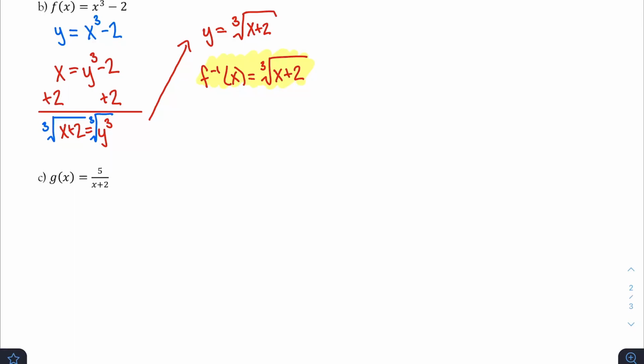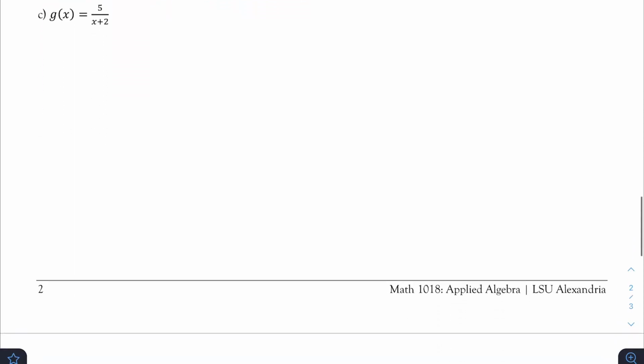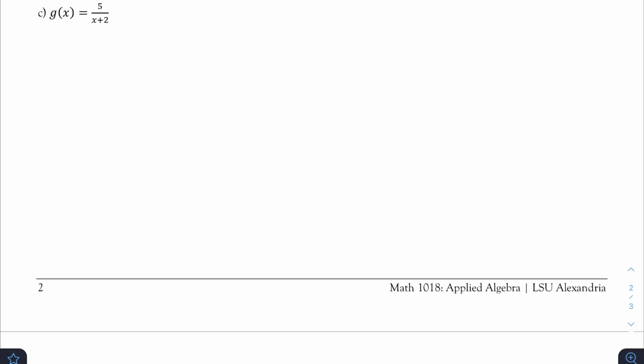Last question for this video. Same instructions, find the inverse for g of x is equal to 5 over x plus 2. If I simply follow the same steps, replace my function with y, and then swap my x's and y's, I get x is equal to 5 over y plus 2.